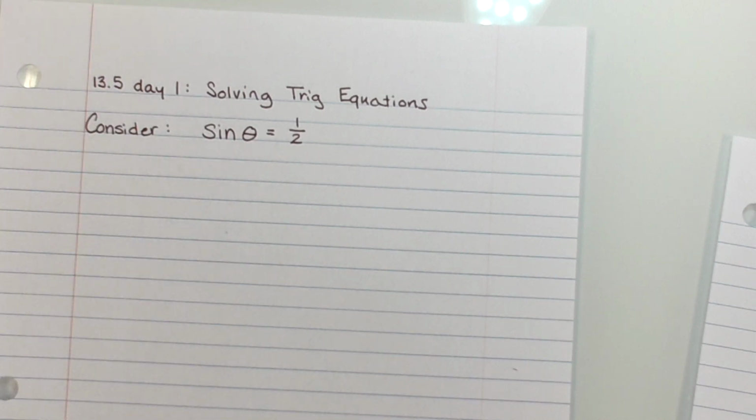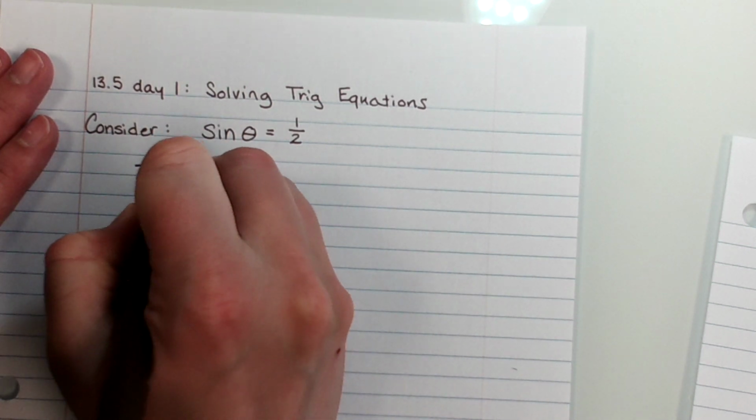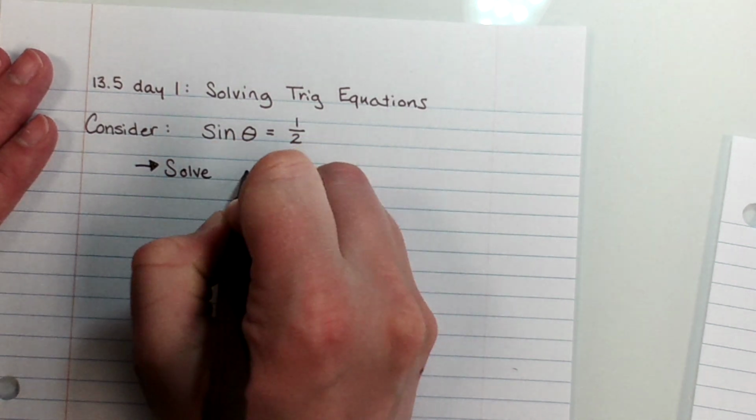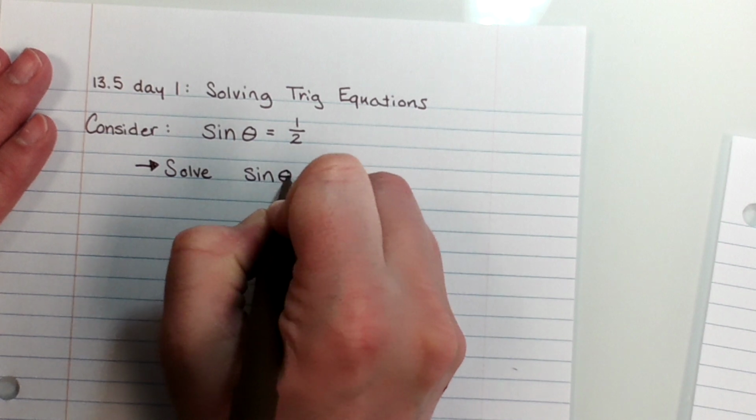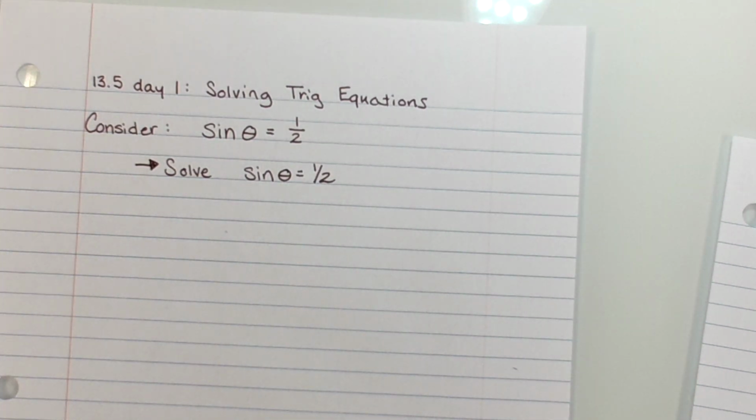Solving an equation like this, we've done it before, but in the context of whatever situation you're given for this, it could change what the answer looks like. If I were to simply tell you to solve this, it's really easy to solve.